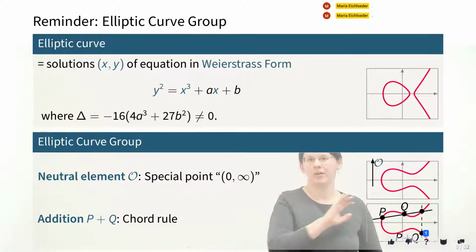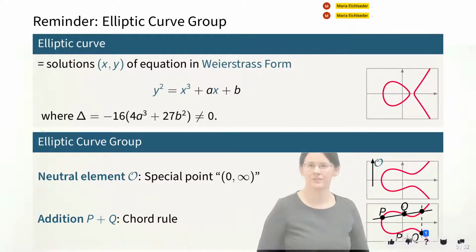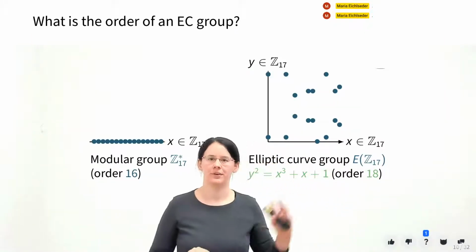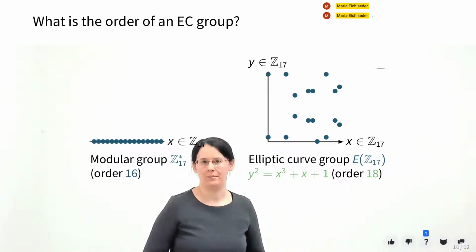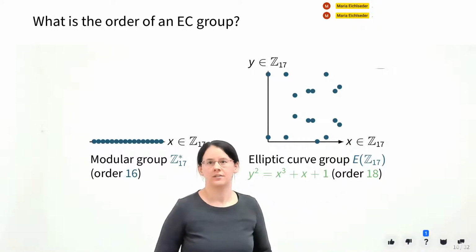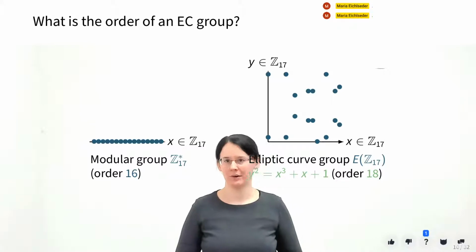To make it usable, we don't actually use this continuous version, so over the real numbers, but we look at the discrete version, where my coordinates are also elements modulo some prime number, or more generally in some finite field. So I have two important types of groups we're going to talk about.